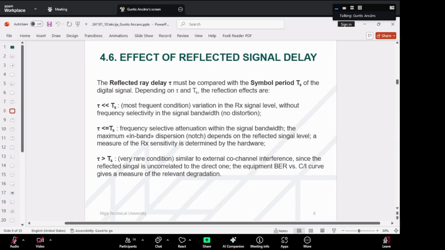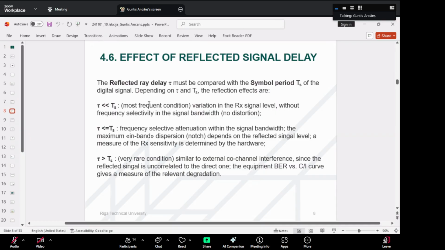And the third case is when the reflected beam delay is higher than the symbol period. It's a rare condition.